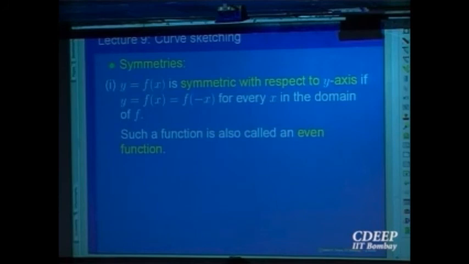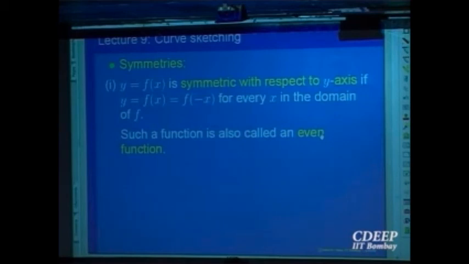There are some other things which will help you to draw a picture of it. They are called symmetries in the function. You can try to observe whether your function has the property that f of x is equal to f of minus x in the domain of the function. Right? So this property, one says the function is an even function. f of x is equal to f of minus x, you change x to minus x, the value of the function does not change, like y equal to x square.